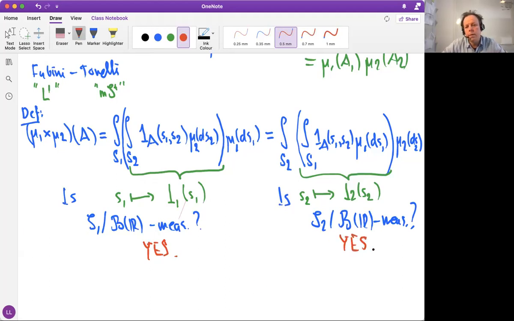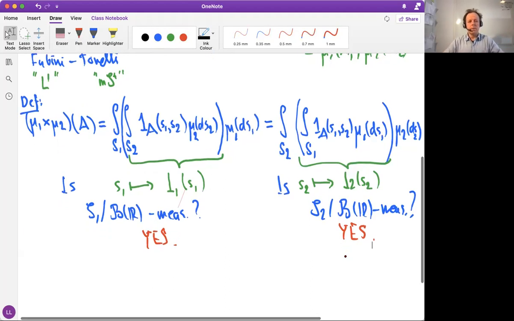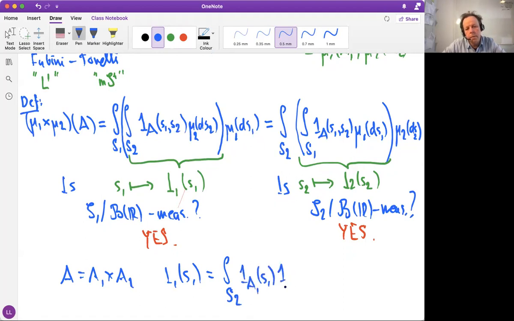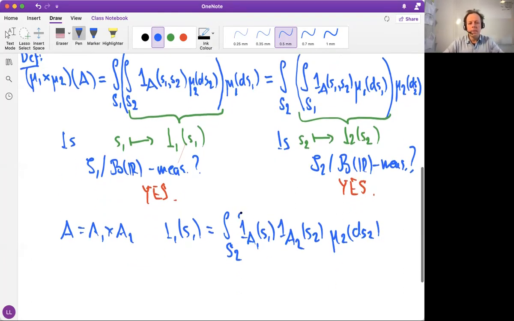You can check if A happens to be a nice rectangle first. Okay, if we again assume that A is a rectangle, then what should be the integral I1 of S1 in that case? Then we integrate with S2 a rectangle, so we have indicator A1 of S1, and remember it factorizes into a product, indicator A2 of S2 d mu2, and then this one is a constant, so it goes to the front by linearity.